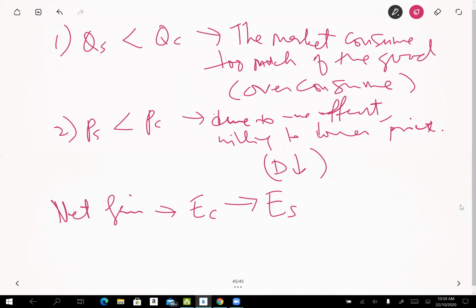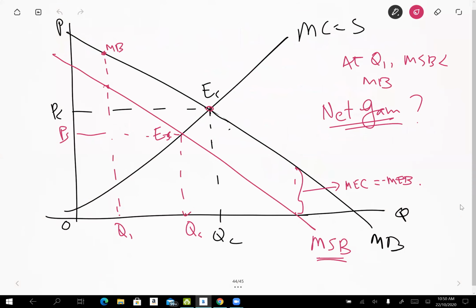So you start from the Q at QC and you see what happened at QC by making the comparison of the MSB, the marginal social benefit, and the marginal personal benefit. What can you say about that? And then what happened to Q?